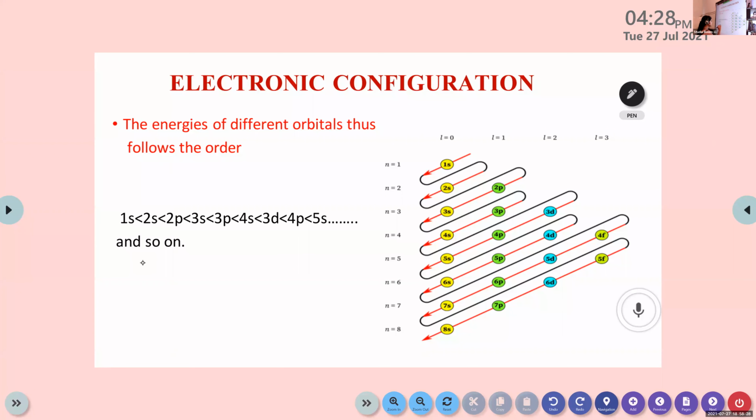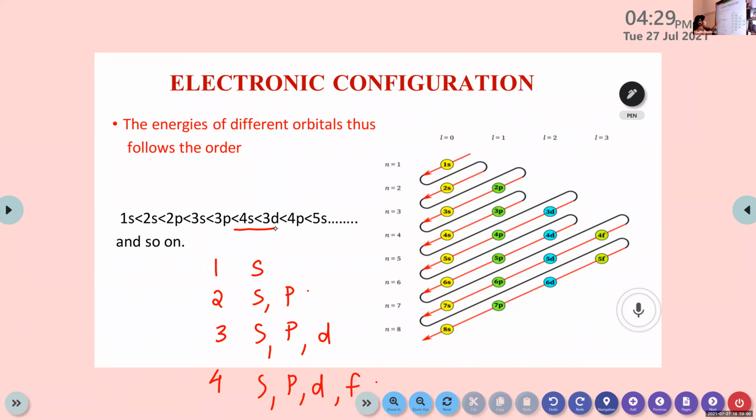You know that in the main shell 1 there is s only, then in 2 there are s, p, then in 3 there are s, p, d, and in 4 there are s, p, d, f. So we would guess the increasing order of their energies as 1s, then 2s, 2p, 3s, 3p, 3d, 4s. But here the order has a slight change in 4s and 3d.